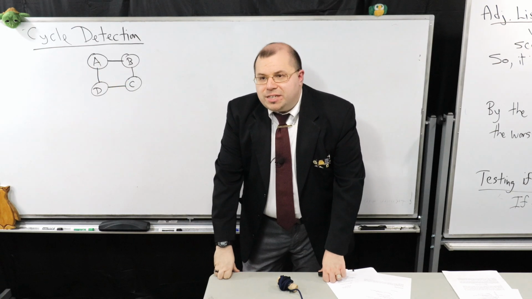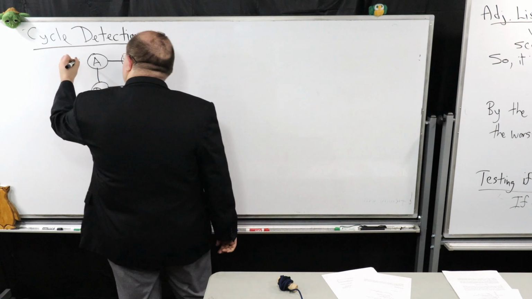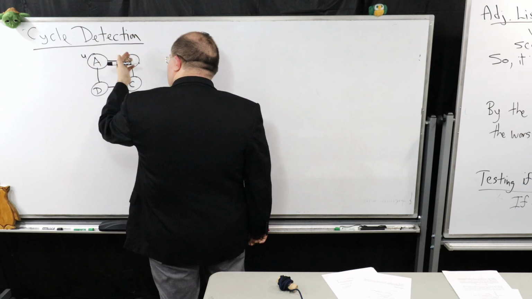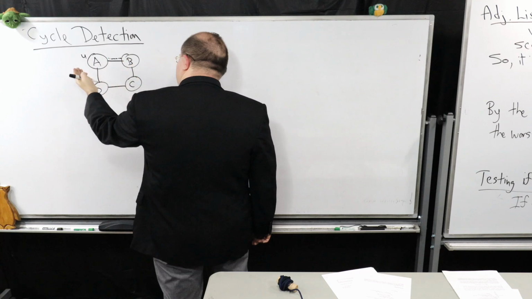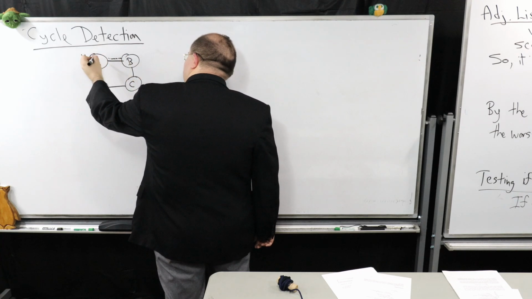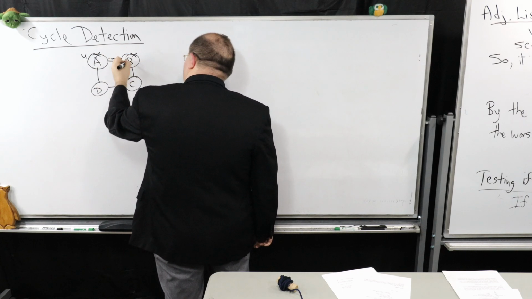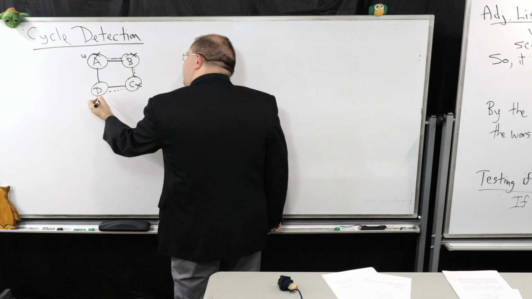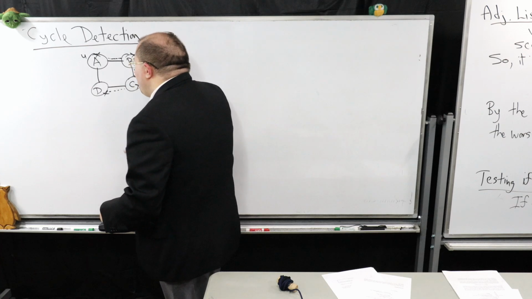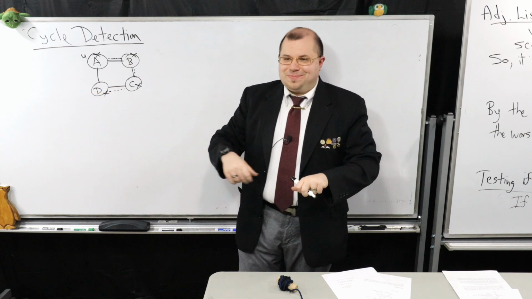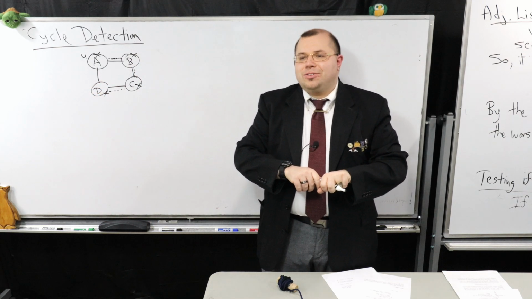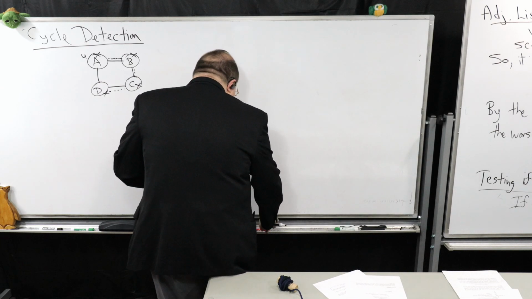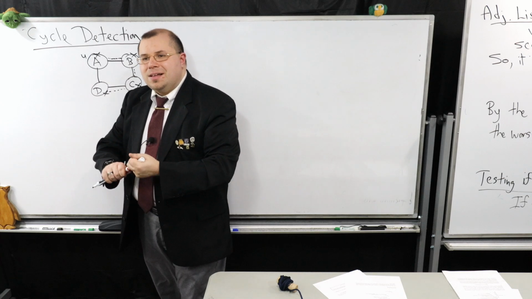When I do DFS, and suppose I start DFS at A, say I begin by going towards B. Remember, I mark this, I go this way, I mark this, I go all the way to D. What do I label this edge as? What color should that be? What kind of edge is that? It's red, right?